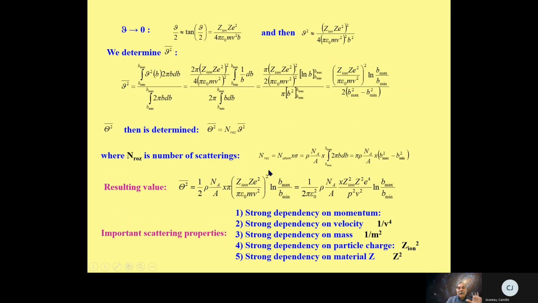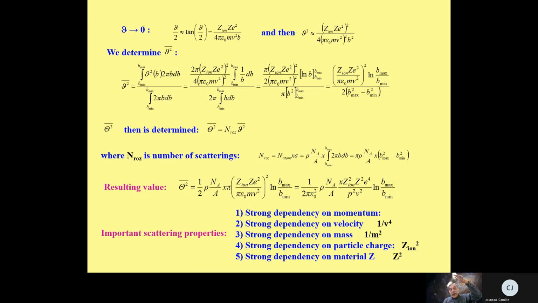maybe we will discuss it during exercises, but now it's too difficult for you, I think, to derive. But what is important in this case? It's important that you have a square dependency of the mean value of the square of the scattering angle. That means the direction of the beam of particles will still be the same. The centroid will be in the same direction.